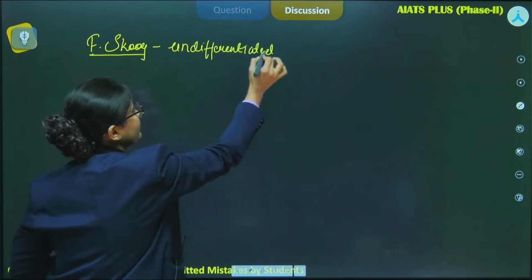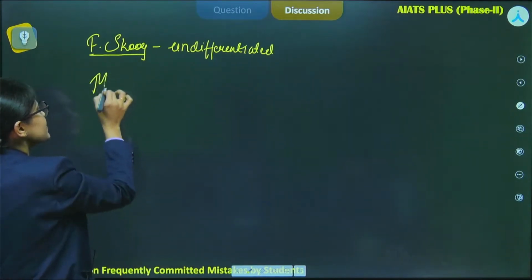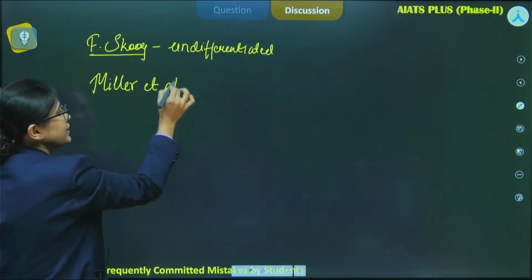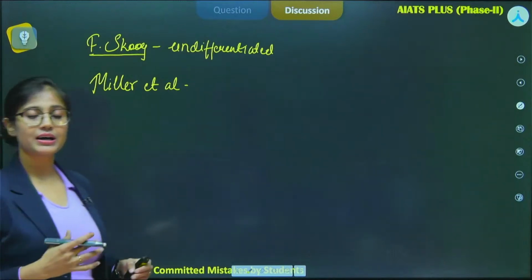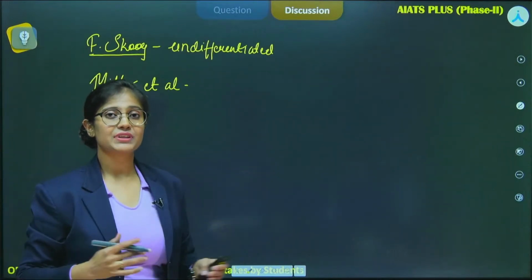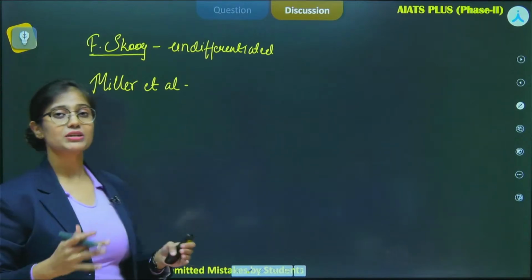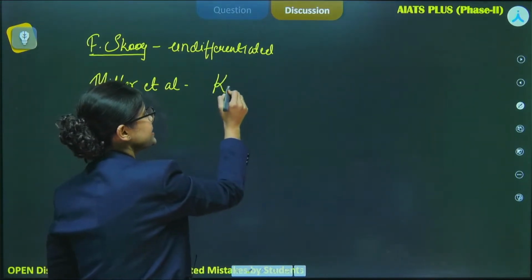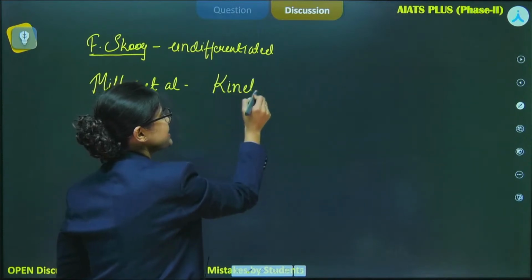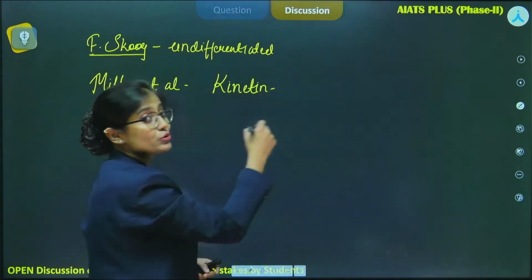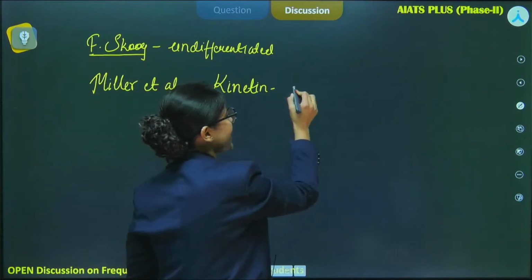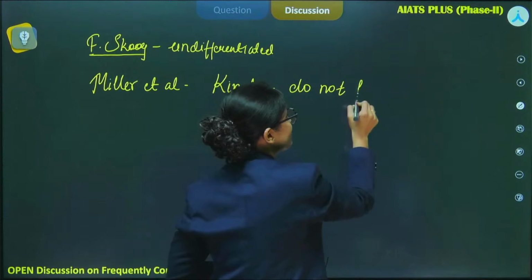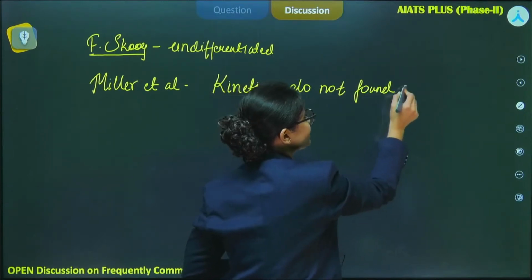Later on, a group of scientists, Miller et al., autoclaved herring sperm DNA, obtained a substance with cell dividing capacity, and named that substance kinetin. They do not occur naturally in plants. That means they are not found in plants.